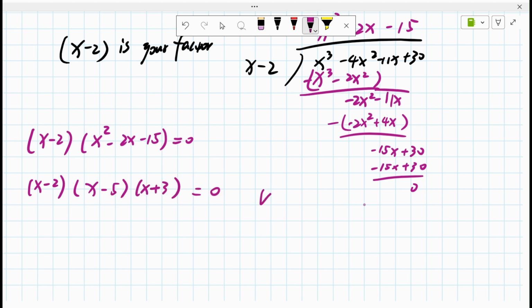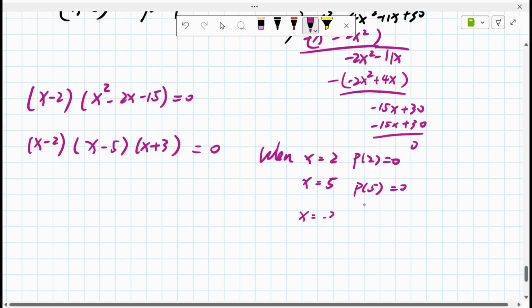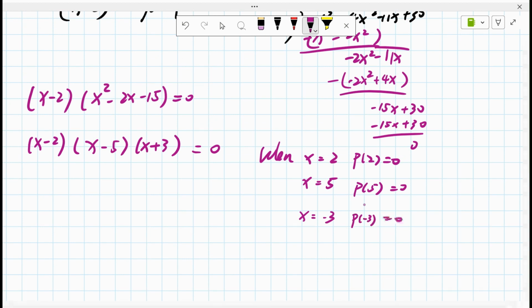Now when x equals 2, P(2) equals 0, x equals 5, P(5) equals 0, and x equals minus 3, P(minus 3) equals 0. That's our solution. There you go, that's how you solve polynomial equations.